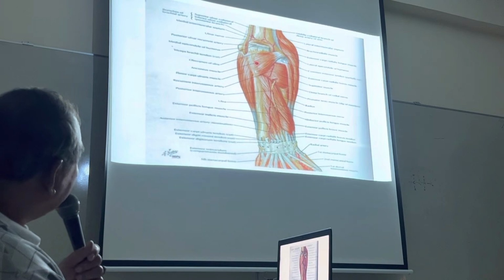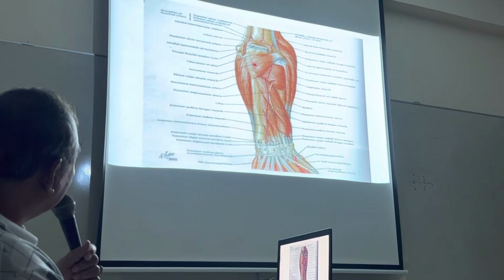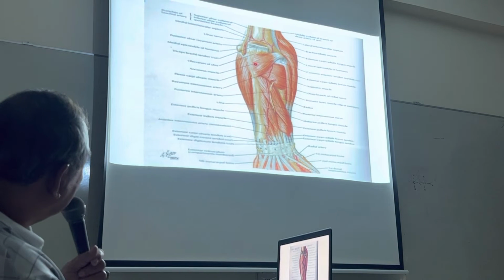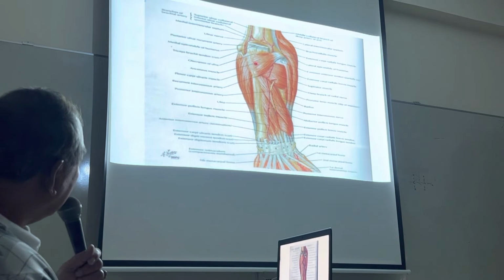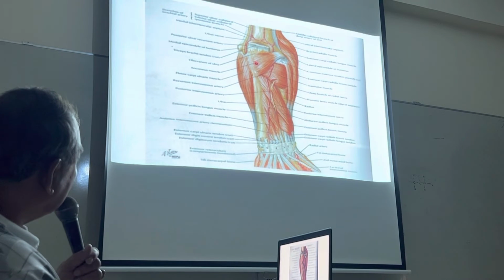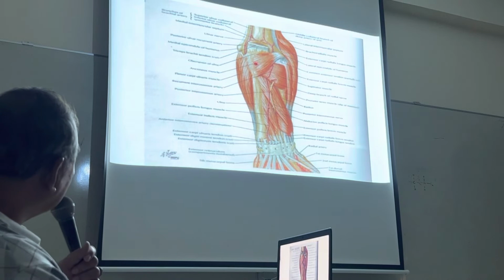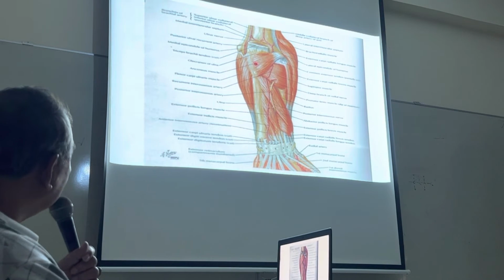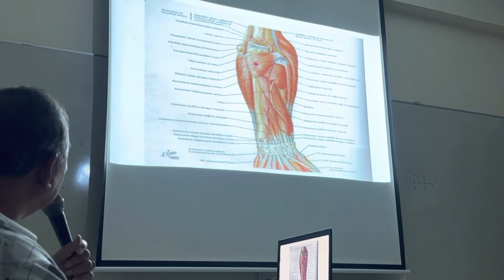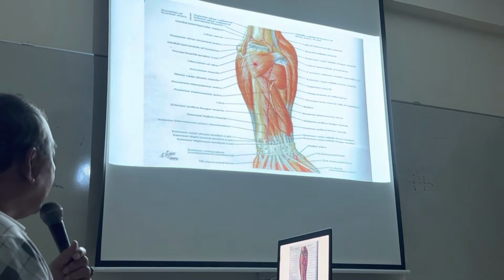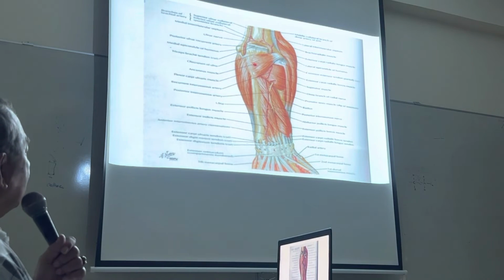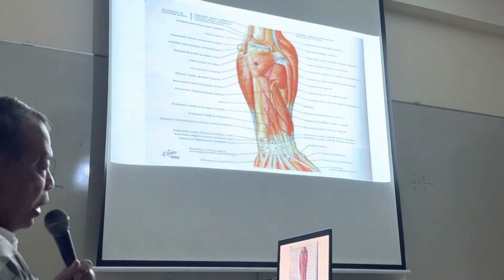You have it there, the deep group. Extensor pollicis longus muscle is also part of the deep group muscles, and it forms the medial boundary of the anatomical snuffbox. And then you have also the last, extensor indicis muscle. As the name implies, it acts on what finger?